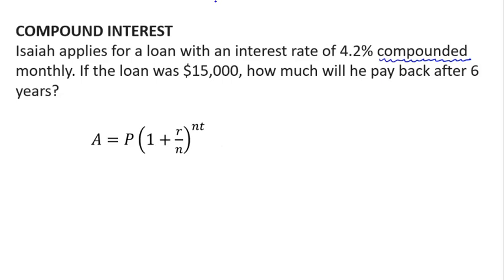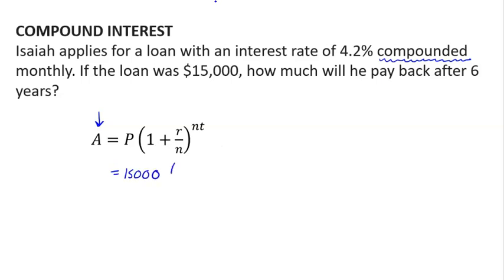Okay, and then it says compounded monthly. If the loan was $15,000, how much will he pay back after 6 years? So for this one, they're asking how much is he going to pay back, or how much is going to be in that account after all the interest racks up. So we are starting with 15,000.